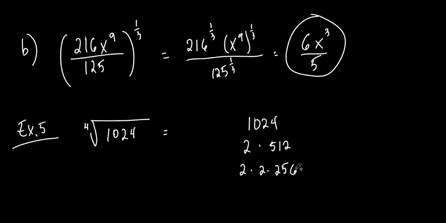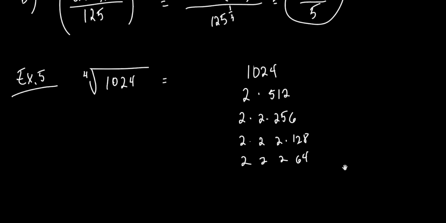You could try bigger numbers, but I'm going to stick with 2 from 128. 2 times 128. I can still divide that by 2. That's 64. Now I'm finally at a number I don't have to put into a calculator. Here's another 2.